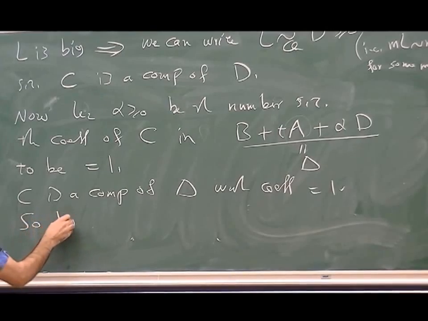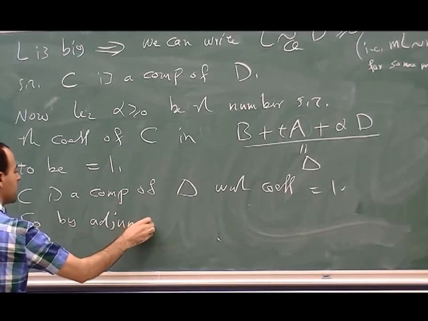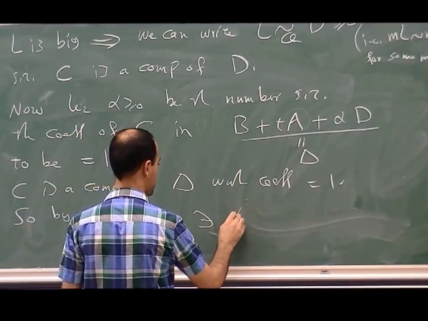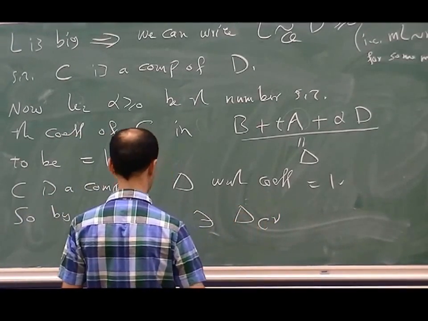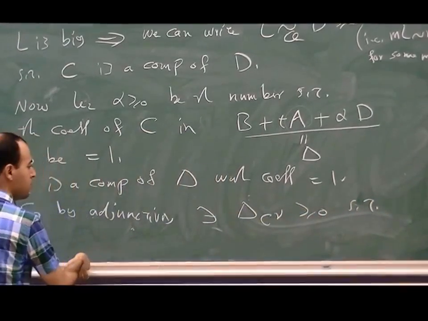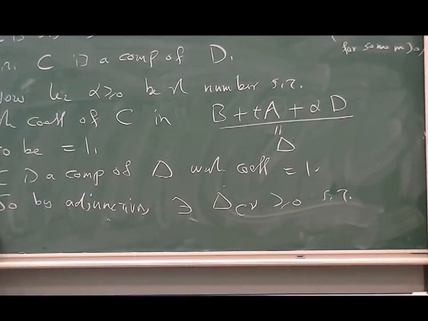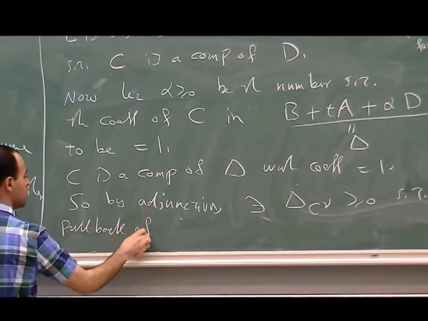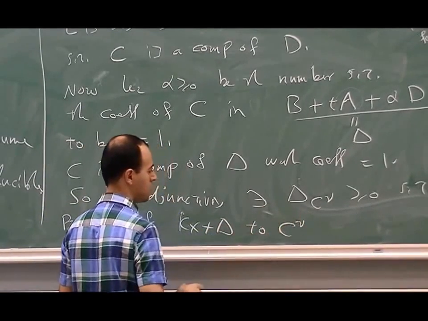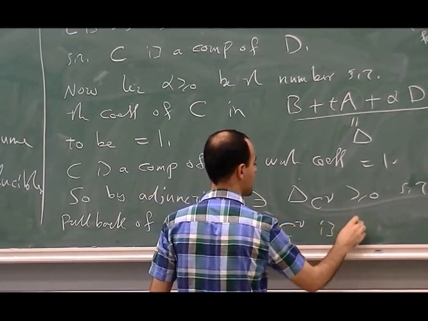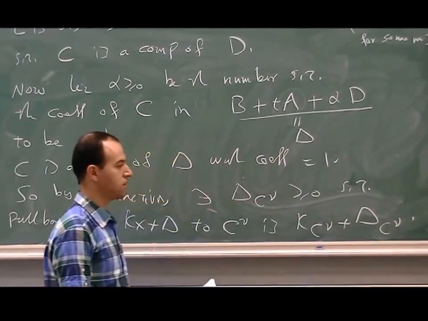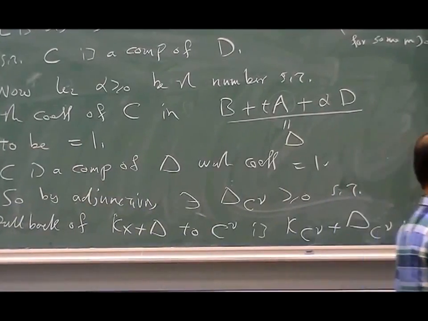So by adjunction, there is some effective divisor, let's call it delta nu, on the normalization C nu such that the pullback of K_X plus delta to the normalization of this curve is exactly K_{C nu} plus this delta nu.